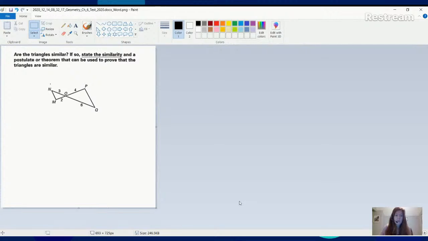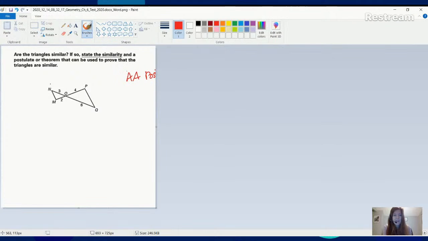For this example here, I would look at this triangle and I notice that I have information about two triangles, NOM and PQO. I have information about two sides of the triangle, and I don't have a lot of information about angles. I remember that my three different things I can use: the angle, angle postulate, which basically means I have two angles that are congruent in one triangle to two of the other.